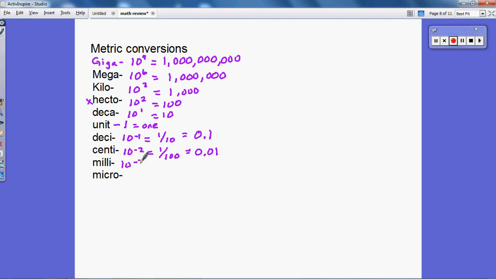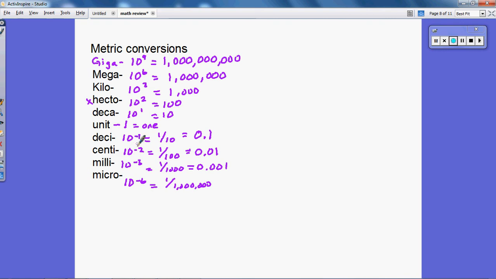Milli, 10 to the negative 3, which is 1/1000th. Micro, 10 to the negative 6, which is 1/1,000,000th. Not going to bother writing that out. At this point, scientific notation kicks in. There's no reason to write out numbers like that.